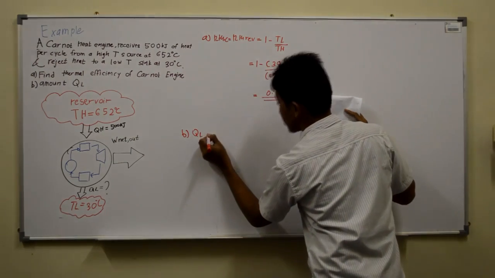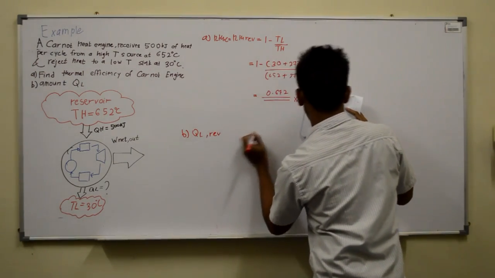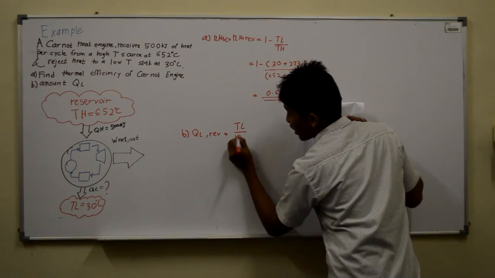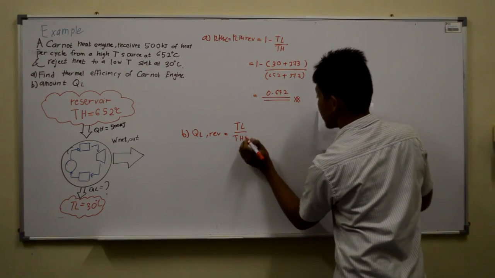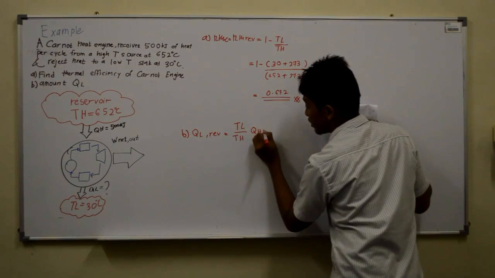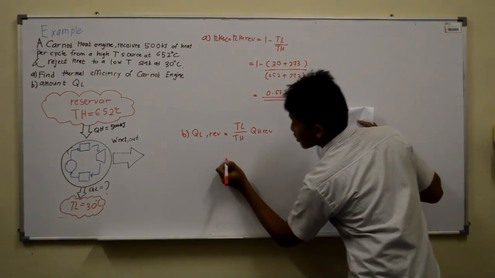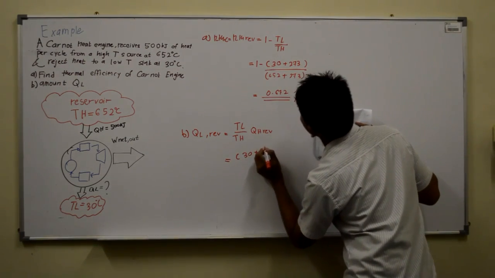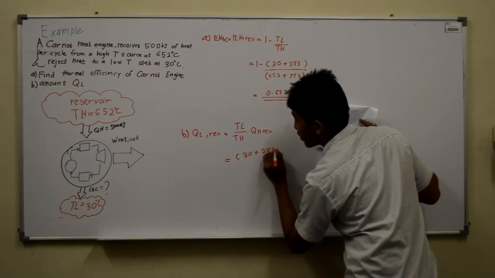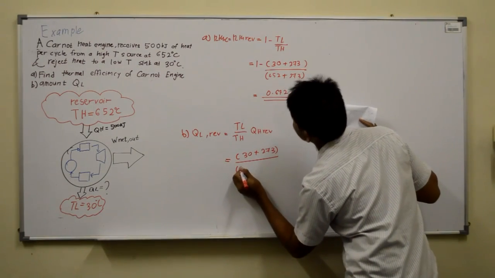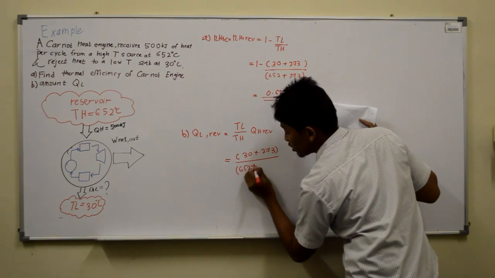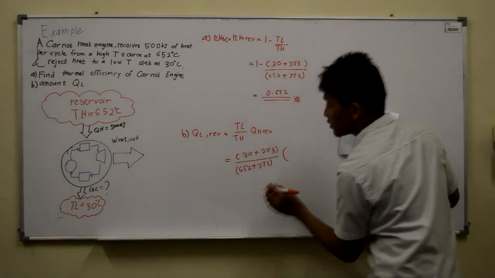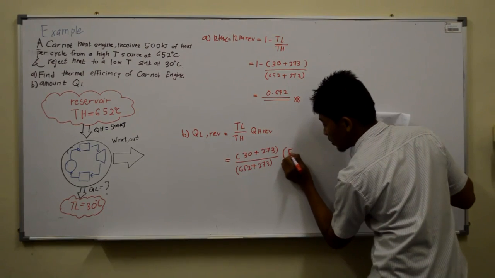This is also the same case as this is a reversible process. QL is equal to lower temperature over higher temperature, multiplied by the heat QH. Substitute also the same as the above case: 652 degrees Celsius plus 273, and multiply by 500 kilojoules.